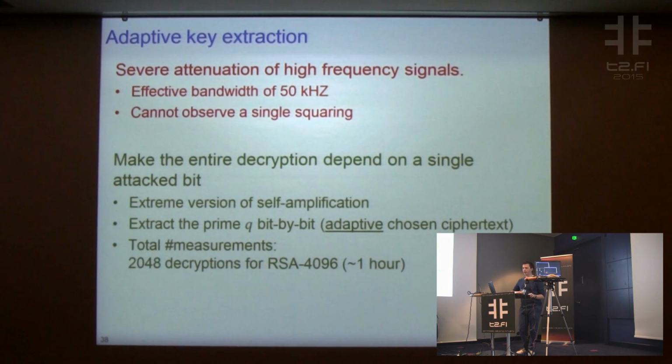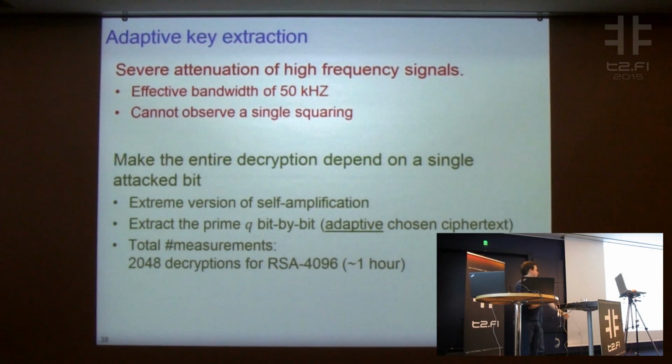In the case of side channel attacks, this means that I need to disassemble the entire computer and stick the microphone just inside it. I consider this impractical since it can be easily detected. What I consider practical is a bandwidth of 50 kilohertz. The problem with so little bandwidth is that we cannot observe a single squaring operation.